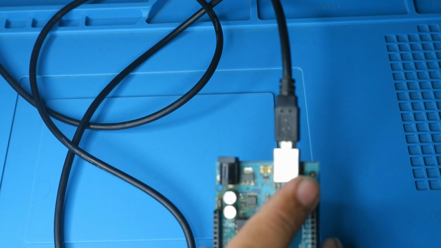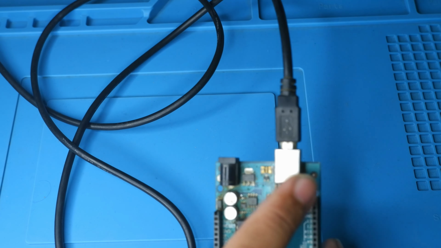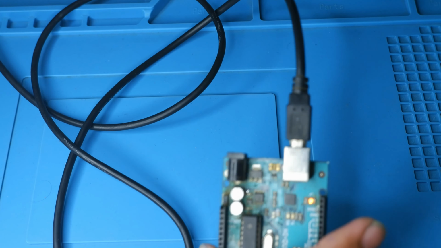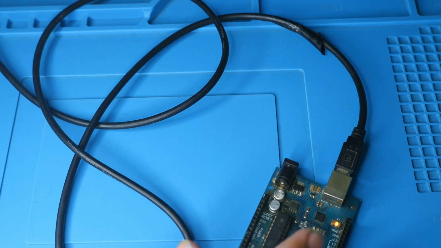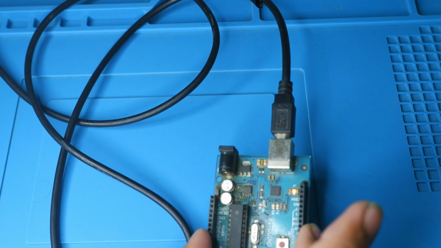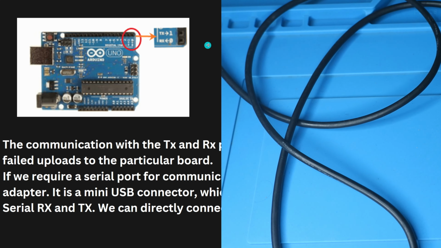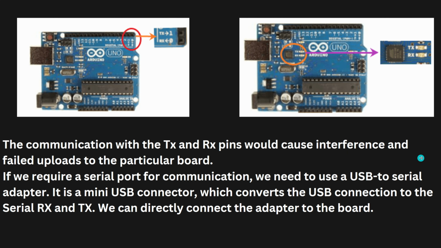Nowadays for the Raspberry Pi, we have type C, but again Raspberry Pi is a microprocessor and not a microcontroller. But among microcontrollers, the Arduino Nano has the mini USB type port, which is like the older Nokia phones used to have.